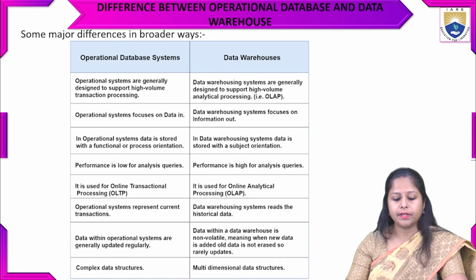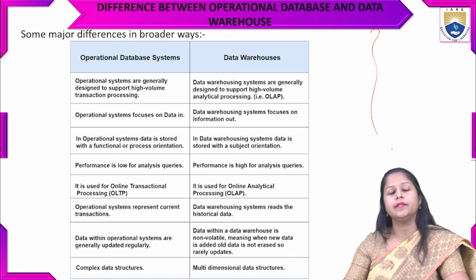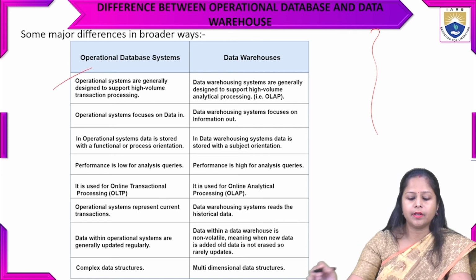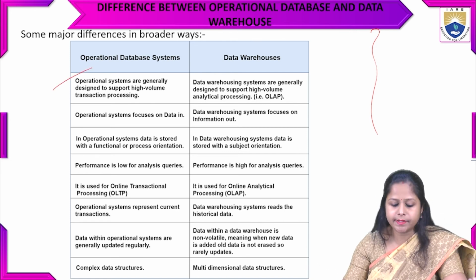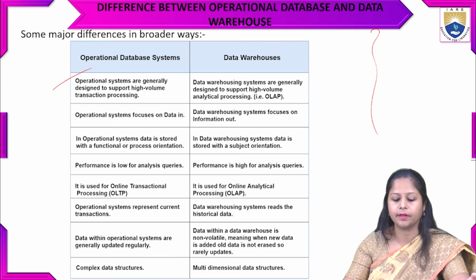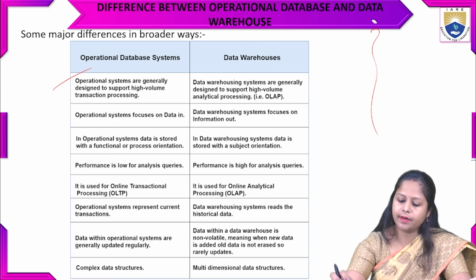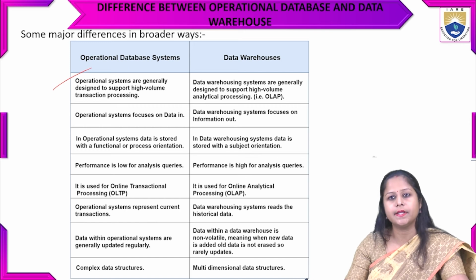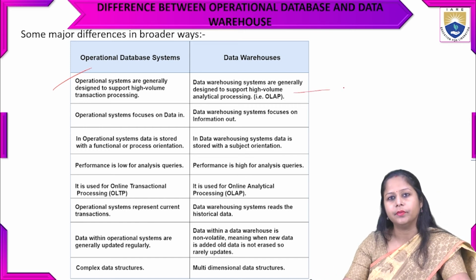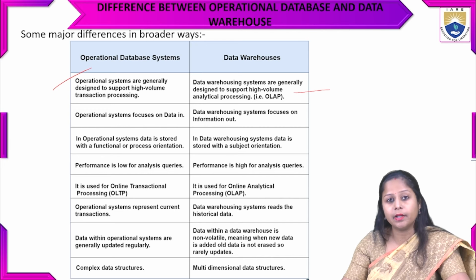So here are some major differences in broader terms. Operational systems are generally designed to support high-volume transaction processing. But the data warehouse system is generally designed to support high-volume analytical processing.